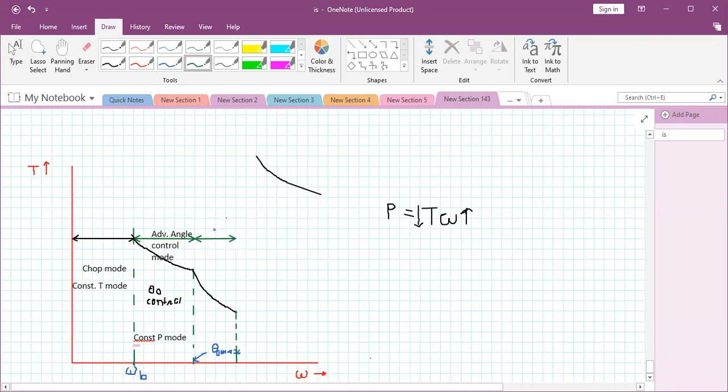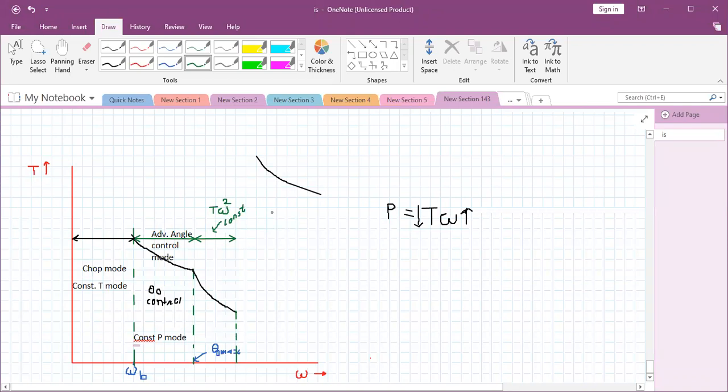So this is our T omega square constant. Now beyond this, what happens?